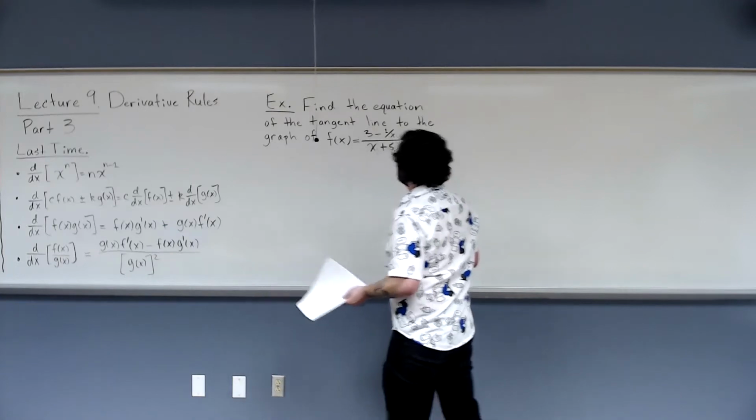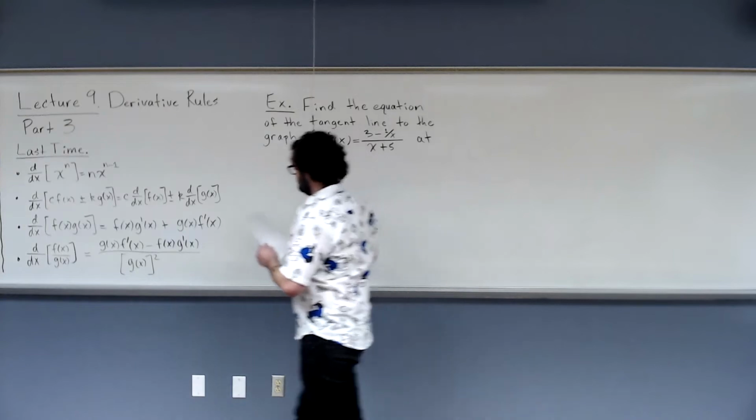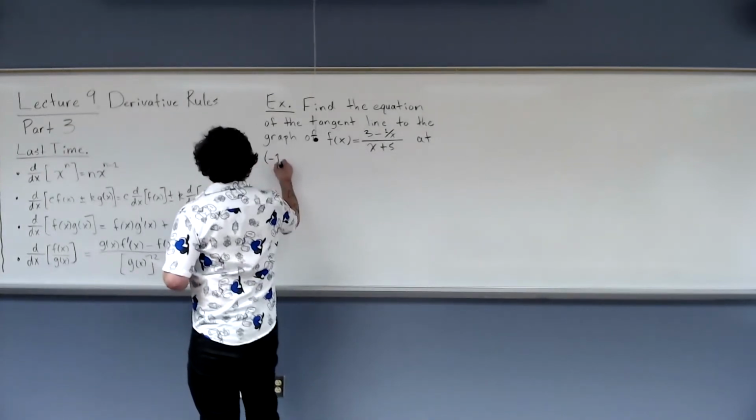We want the equation of the tangent line at the point (-1, 1).